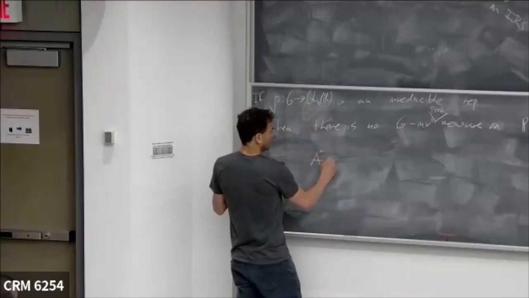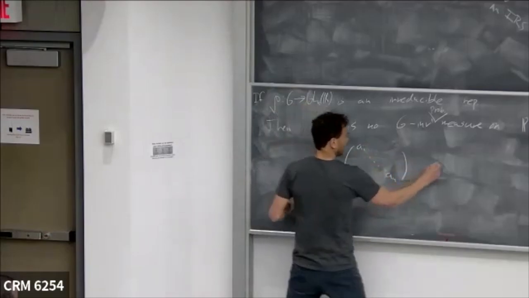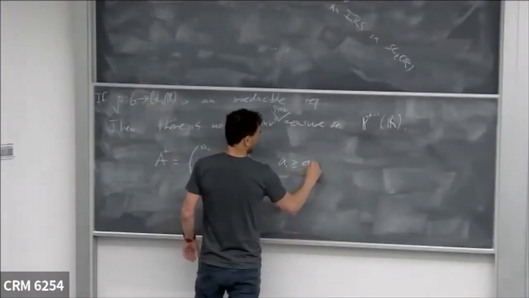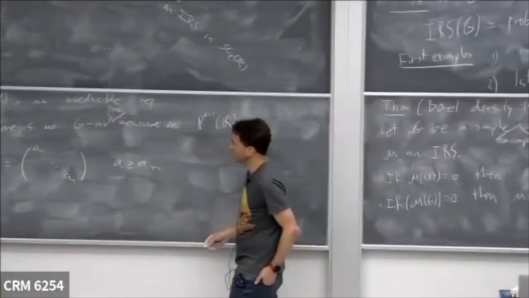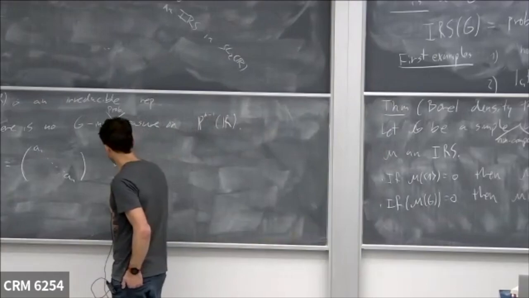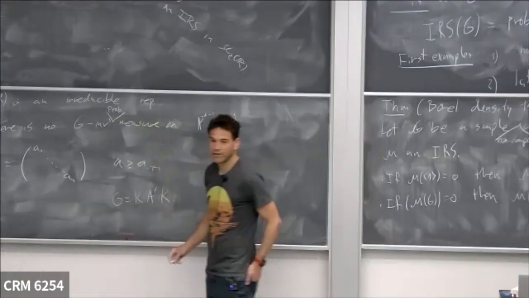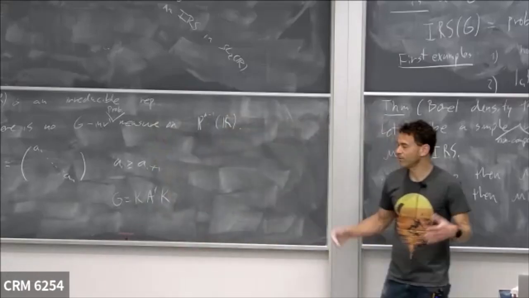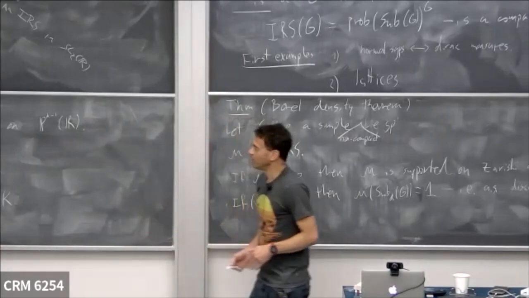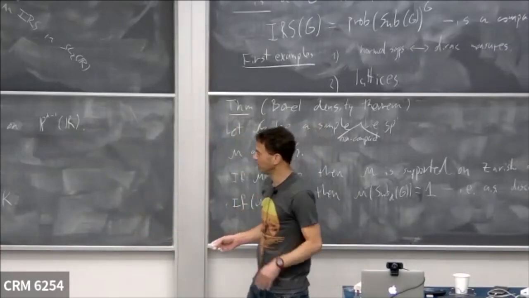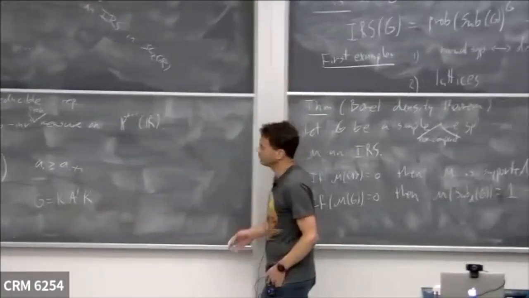A plus is the set where a_i is at least a_{i+1}, and so that's a semigroup, and you can write G as K A^+ K, right? You're familiar. In the theory of Lie groups there's a list of five or six standard decompositions. One of them is the KAK decomposition, which we should always have in mind.